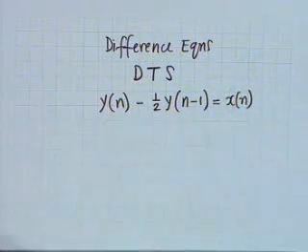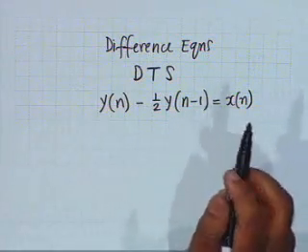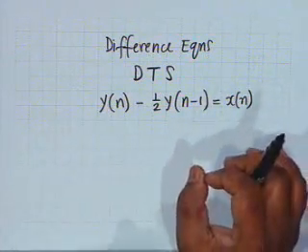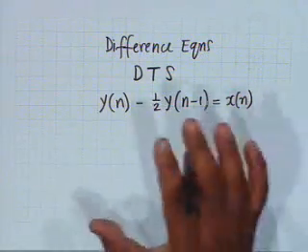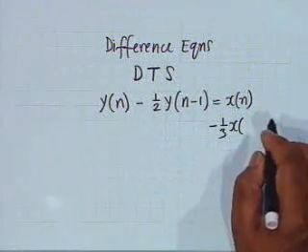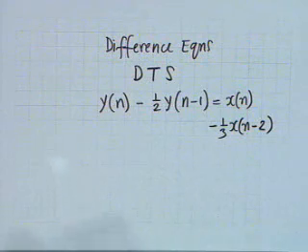This is a typical difference equation. In such an equation, the present value of the output is combined with some of the past values of the output, the present input, and perhaps some past inputs also. Let's say, for example, 1/3 x of n minus 2.